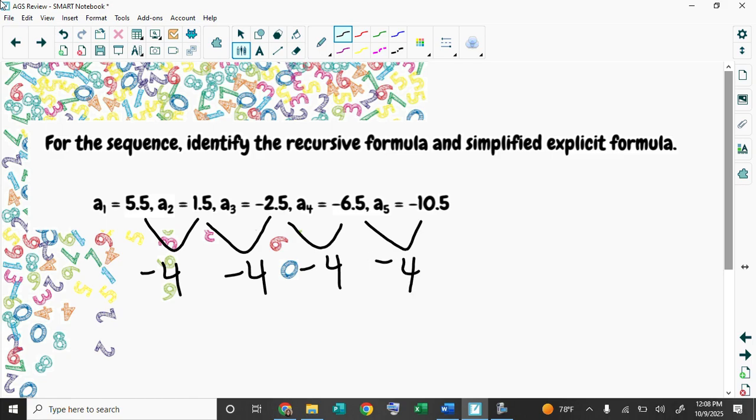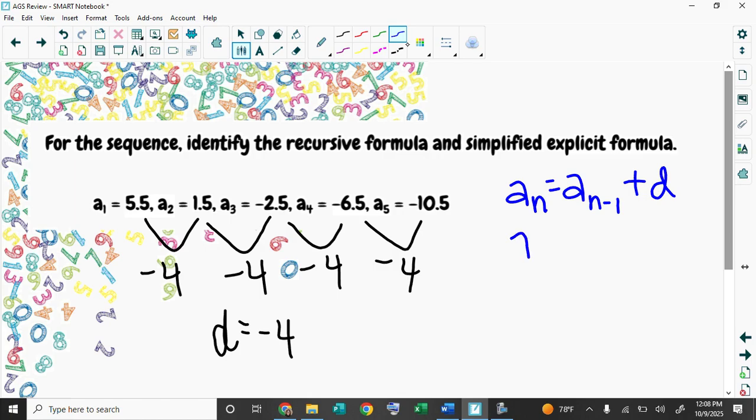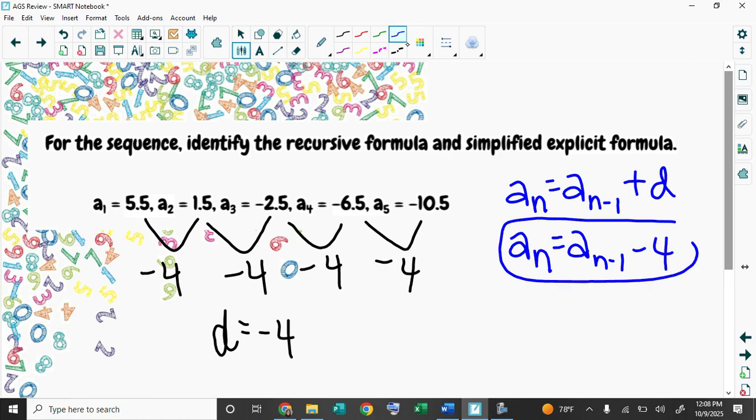So that means my common difference is -4. A recursive formula is always a sub n equals a sub n minus 1 plus the d. So here we have a sub n equals a sub n minus 1, and my d was -4. That's all you have to do for the recursive one.